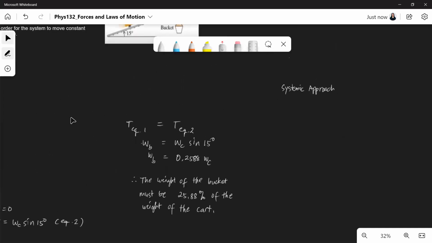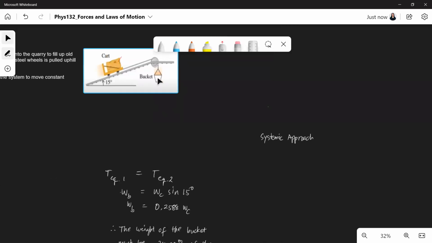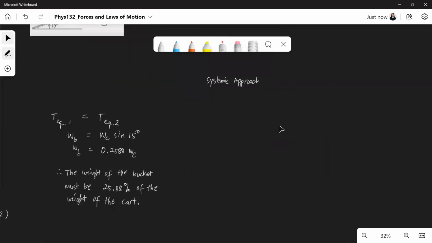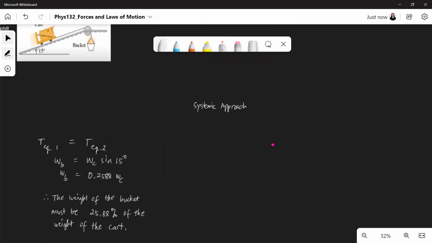So for this end, the bucket end, or this part of the entire system, it's the weight of the bucket that is present, and it's balanced by the component of the weight of the cart.